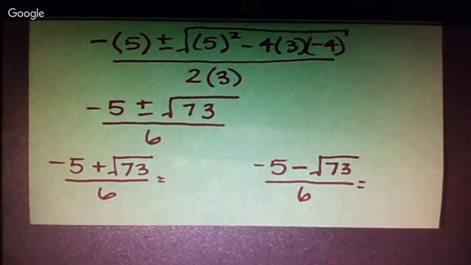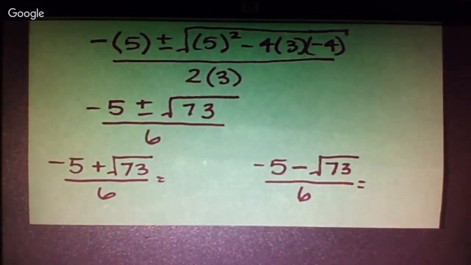Since we're trying to find the square root of 73, would we do like how we did the first thing and then divide it by 10? Would we do that again? Yes. So you're going to do negative 5 plus the square root of 73, hit equals. That way your calculator does the addition first. Then divide it by 6. Round to 2 decimals.